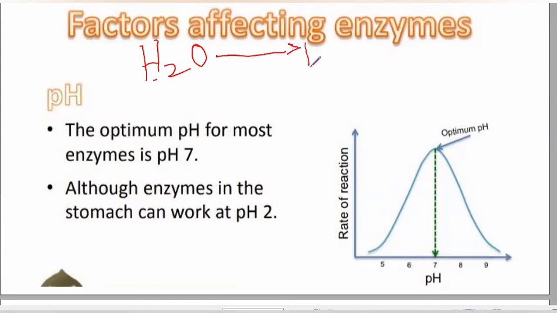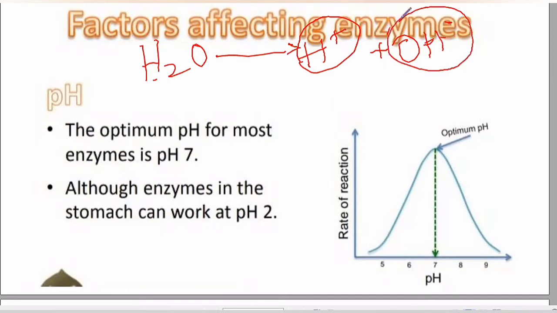It can be ionized into hydrogen ions, which we also call protons, and it also splits into hydroxide ions. OH negative is the hydroxide ion and H positive is known as the proton, and it's also known as the hydrogen ion. So pH is actually the negative log of this.